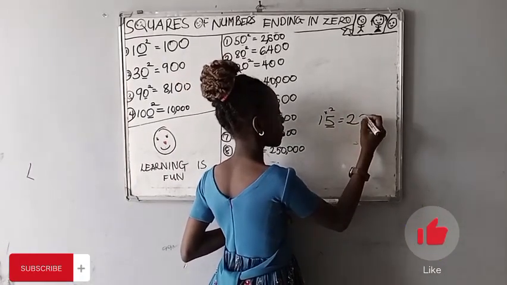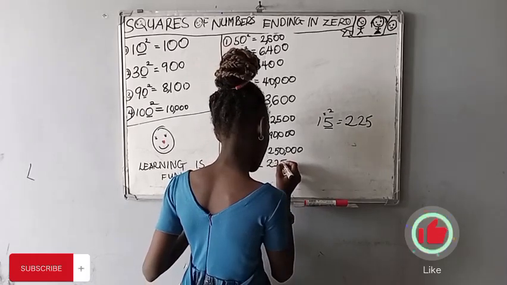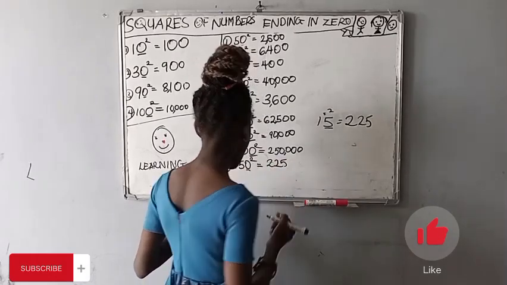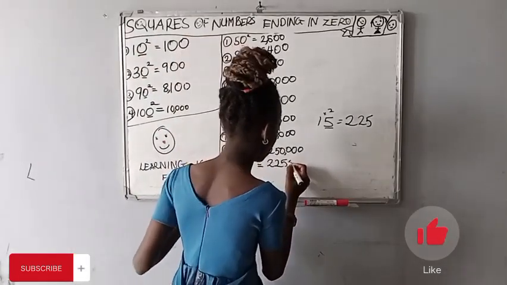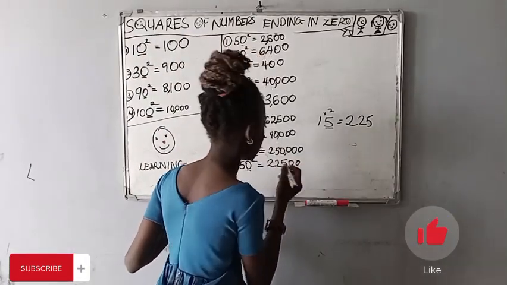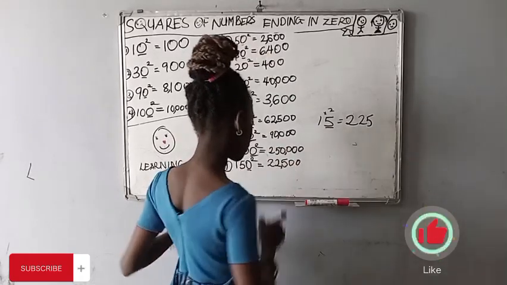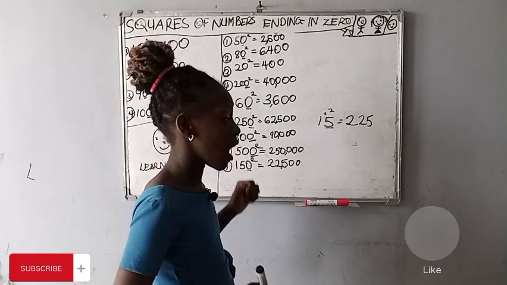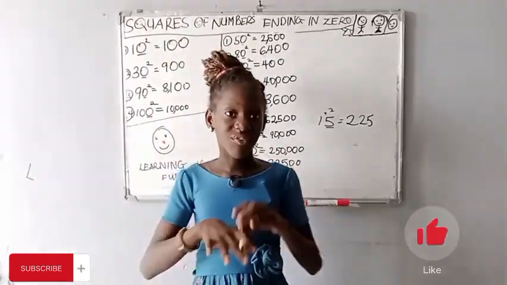And then we square the 5, 25, which gives 225. Then this 0 produces 2 zeros. We write 1, 2. And now insert the comma. 1, 2, 3. This is 22,500.